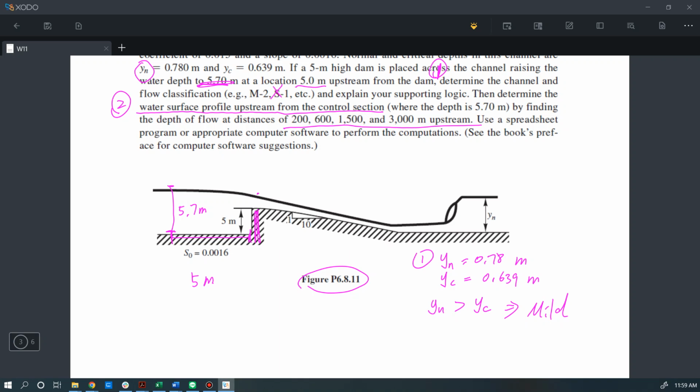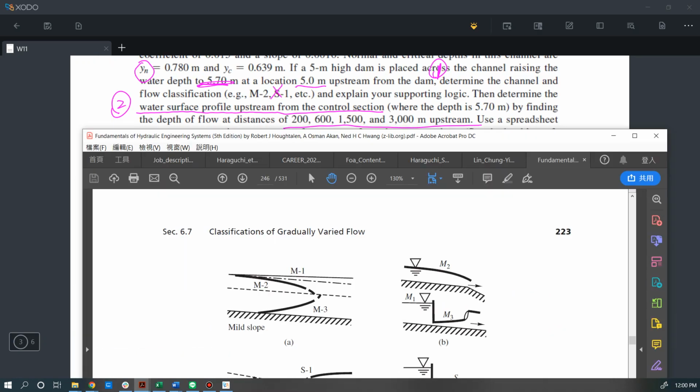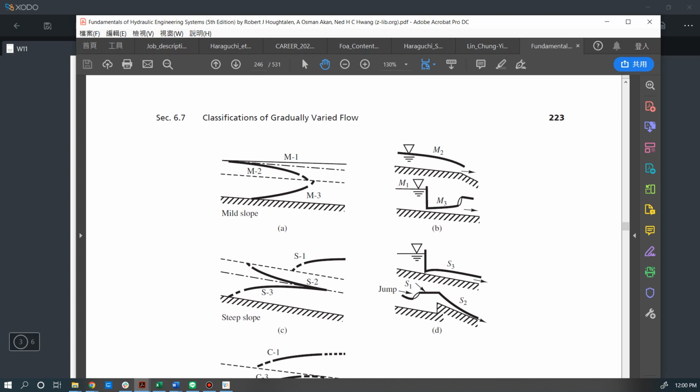To do that, we know that we have a water depth equal to 5.7 meter at our control section. Let me just call this Y plumb. This Y plumb is larger than the normal depth yn. Let's recall those curves from either Ethan's slide or the textbook at page 223.